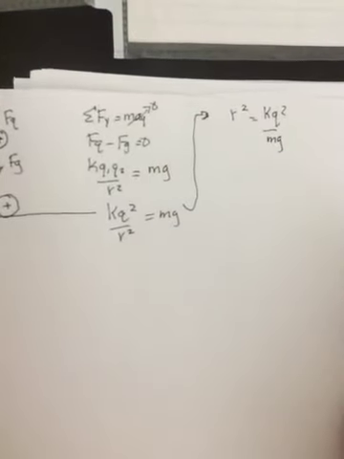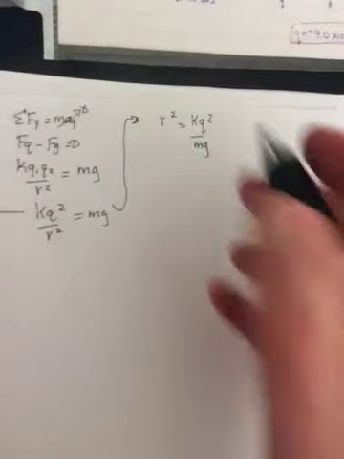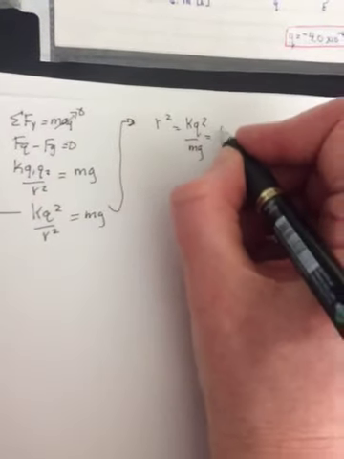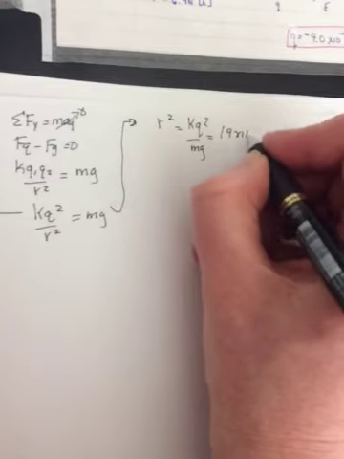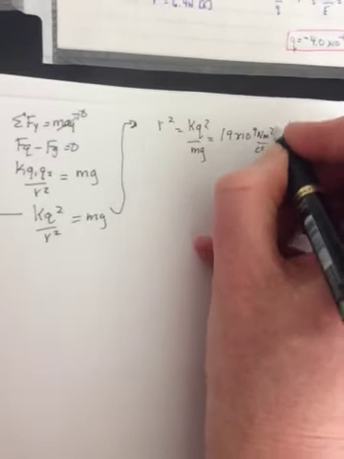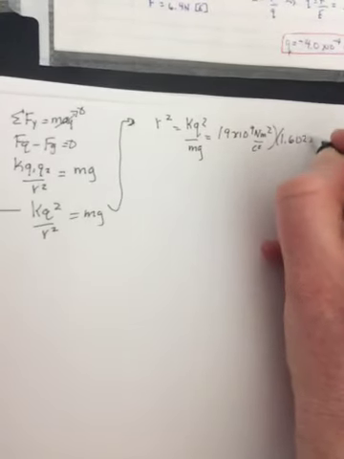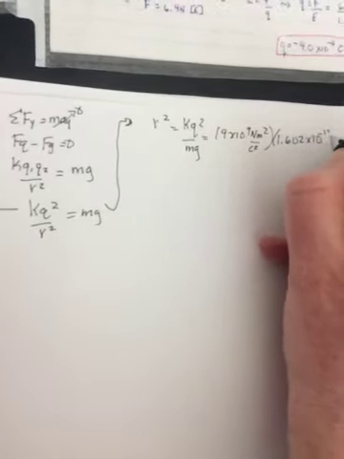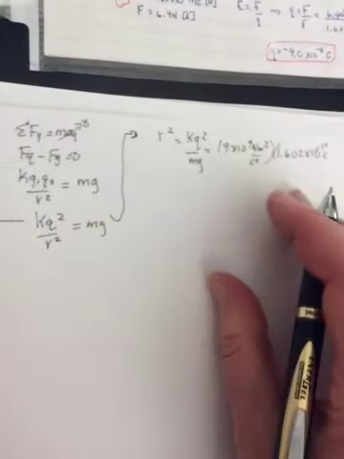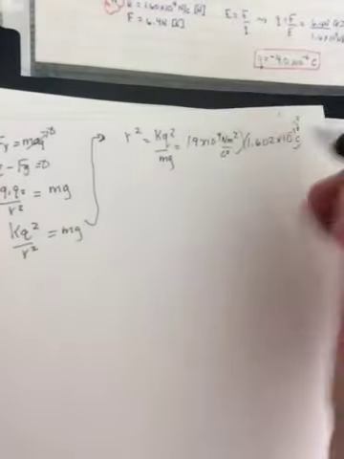It's a proton, and the other day I gave you the charges and the mass for a proton. So k is 9 times 10 to the 9th newton meters squared per coulomb squared. The charge on a proton is 1.602 times 10 to the negative 19 coulombs, and that has to be squared.